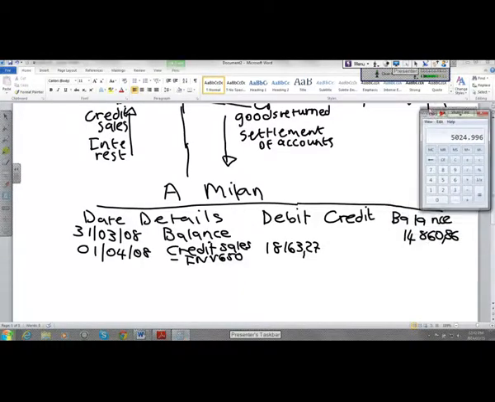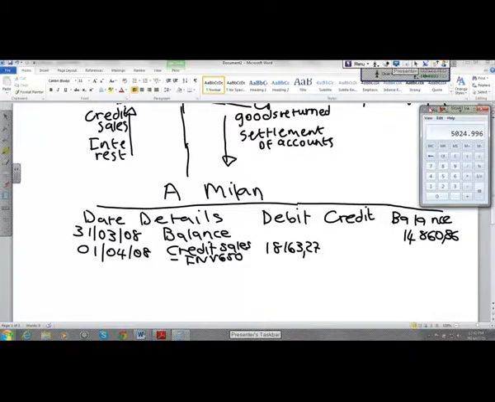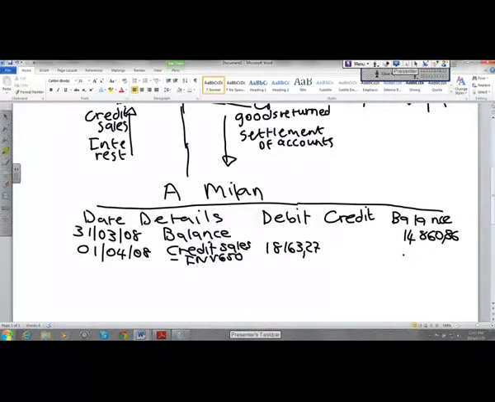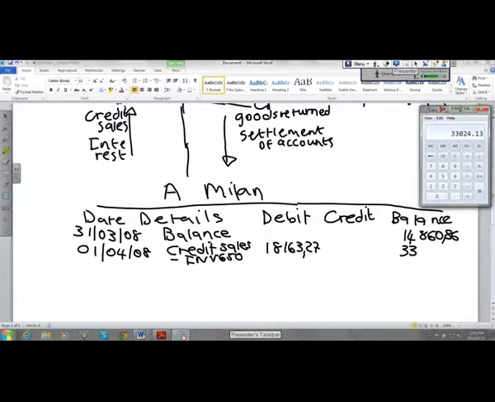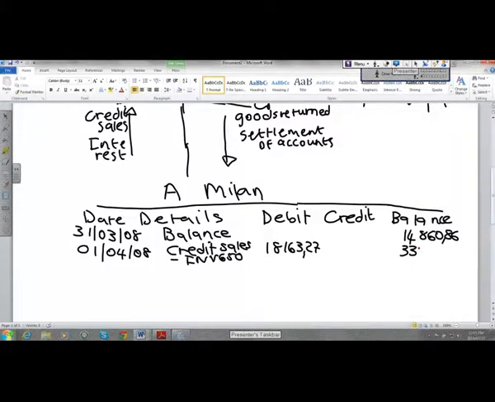Because we are increasing his balance, we're going to say 14,860.86 plus 18,163.27, and equals. So his updated balance is 33,024.13. So we are done. We go to the next transaction affecting him.